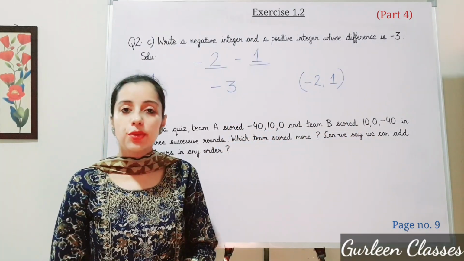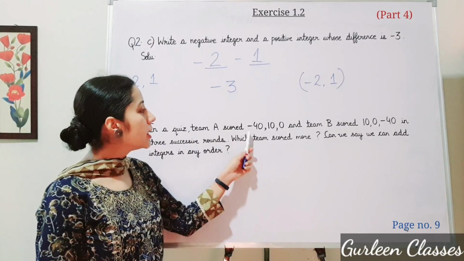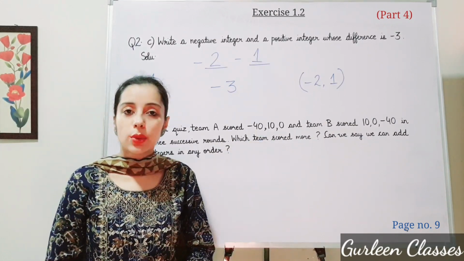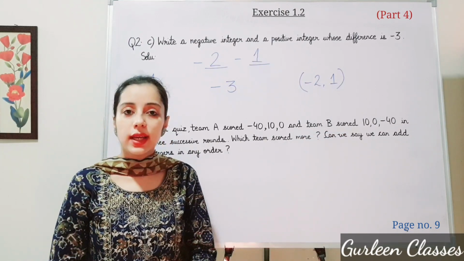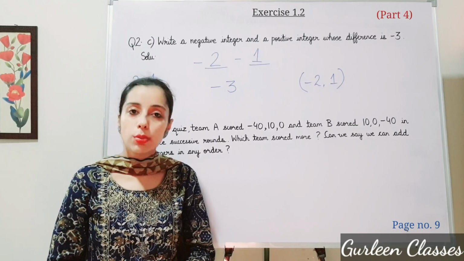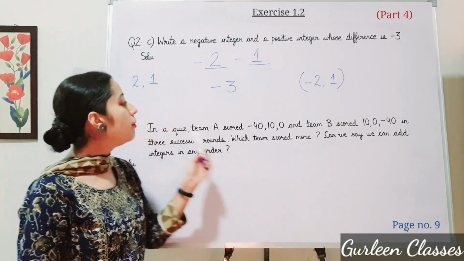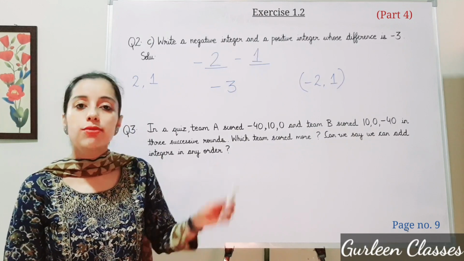Now, question number 3. In a quiz, Team A scored -40, 10, 0 and Team B scored 10, 0, -40 in 3 consecutive rounds. Which team scored more? Can we say we can add integers in any order? So first let us solve the first part.